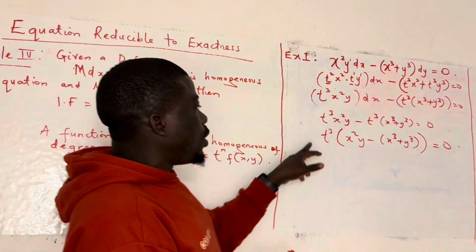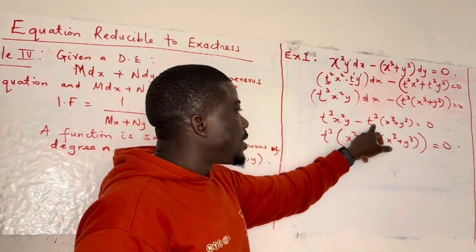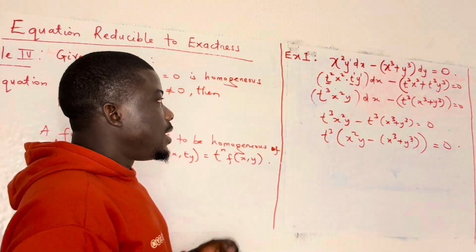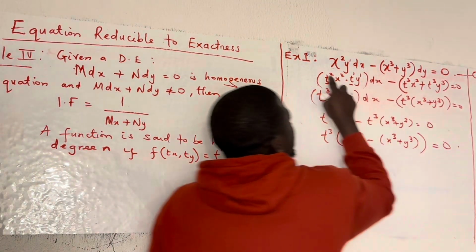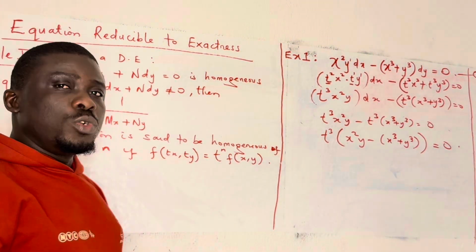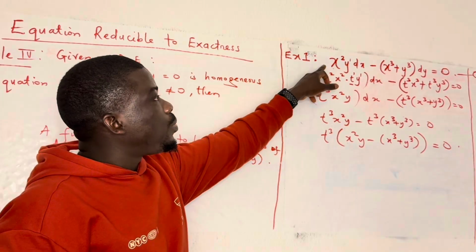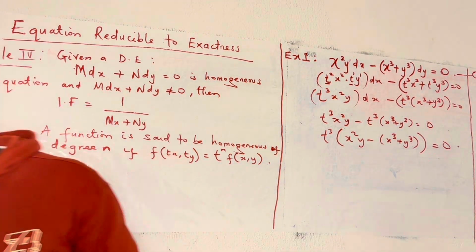Now, the question is, what does this show? It's homogeneous because t cubed is present here and t cubed is present here. It shows that the differential equation here is homogeneous. And if it's homogeneous, then we can solve this problem using this procedure. Now, let's solve the problem itself.